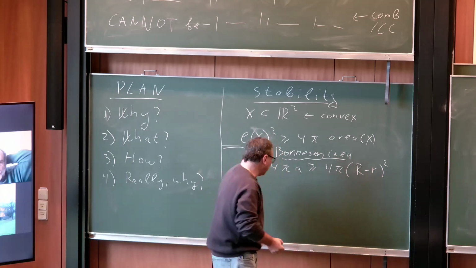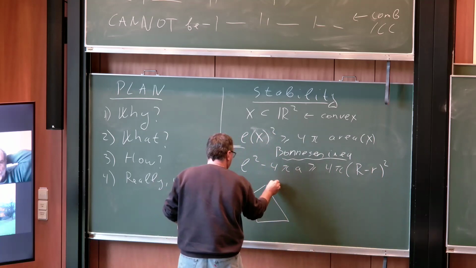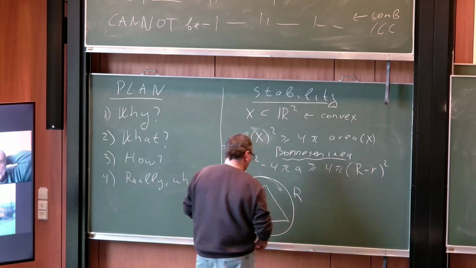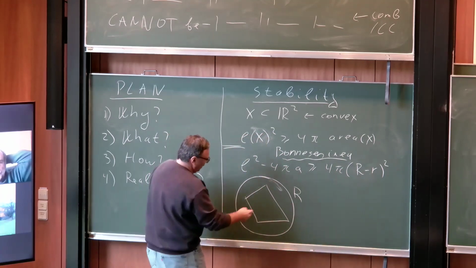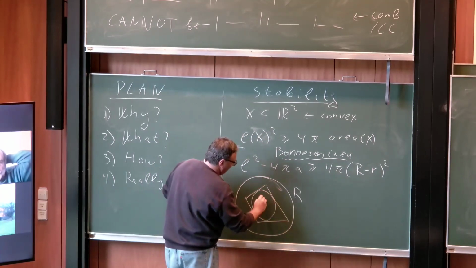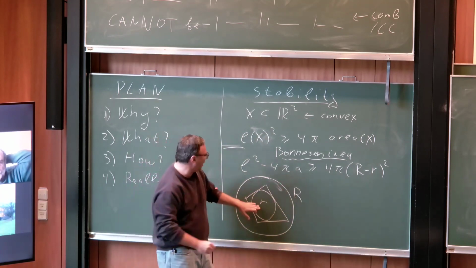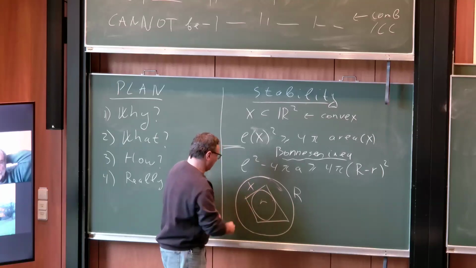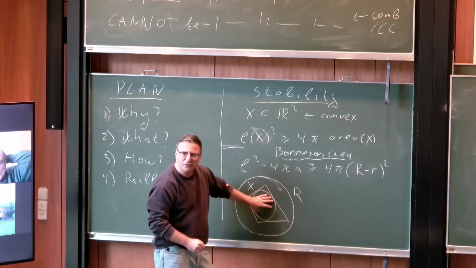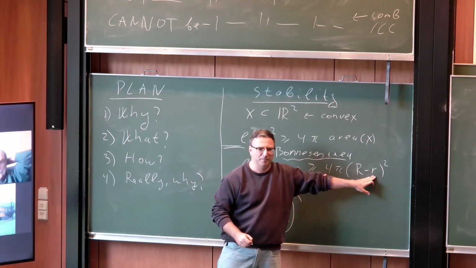Let me see if I can try to draw that. What one can do is look at the circle that contains your convex body and a circle inside of it. So if you take the smallest R of a circle that contains your X and the largest little r of a circle that's inside your X, that's how big R and little r are defined.